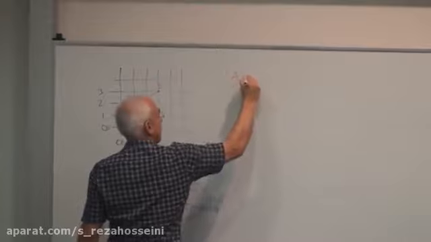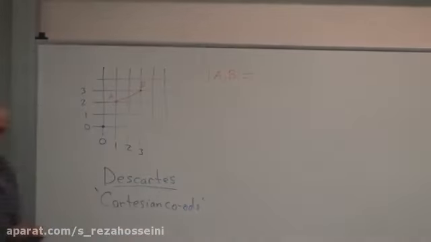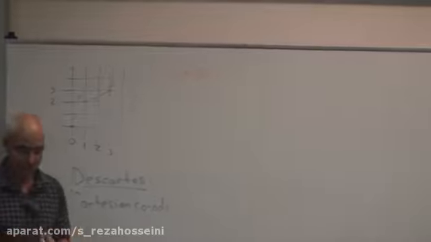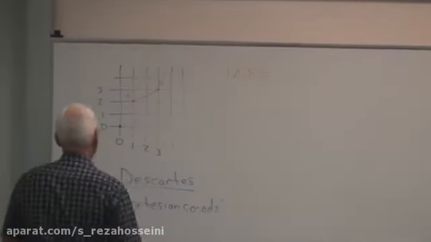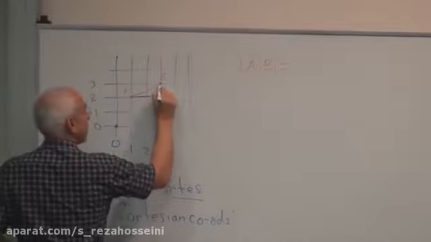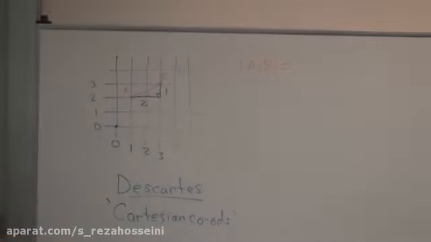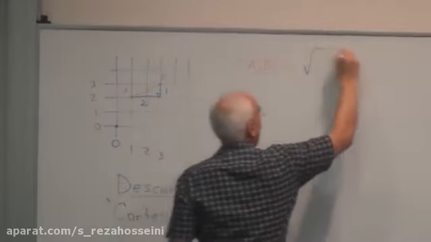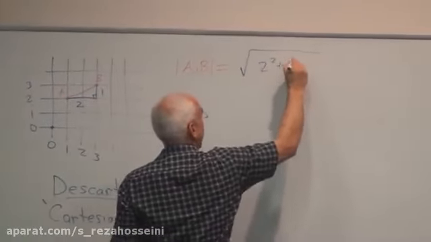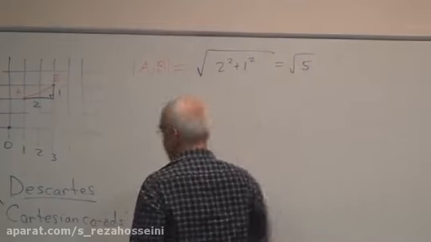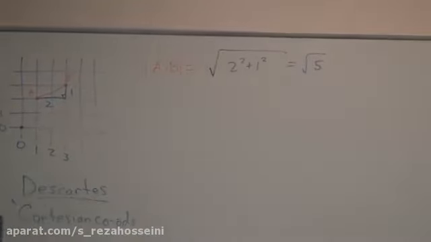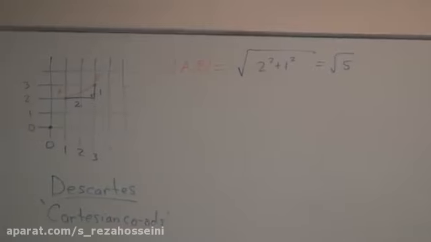The length of AB is, well, we can use Pythagoras' theorem exactly to find that, because right here is a little right triangle, and it has side length 2 and side length 1 there. And so the length is going to be the square root of 2 squared plus 1 squared, which is the square root of 5. And calculating the square root of 5 is not an easy thing to do. Even if you use a calculator, you can still only get it approximately.